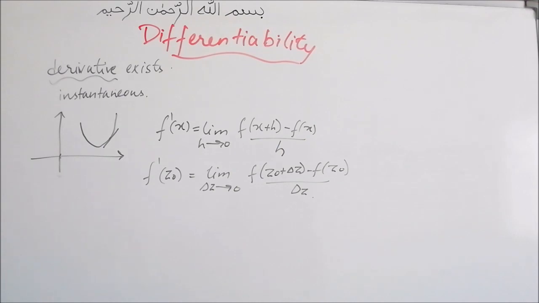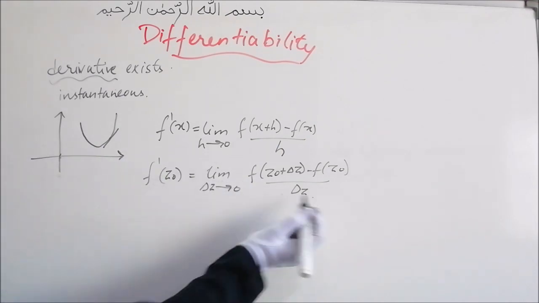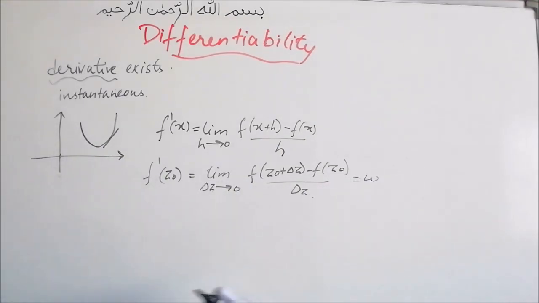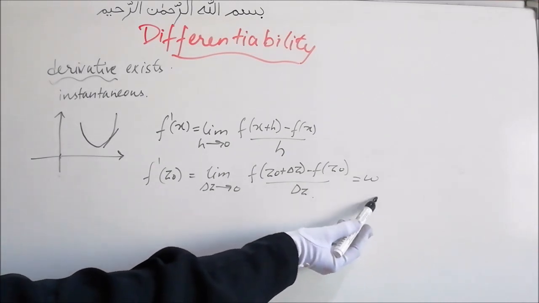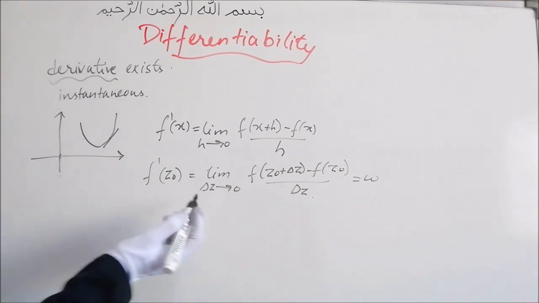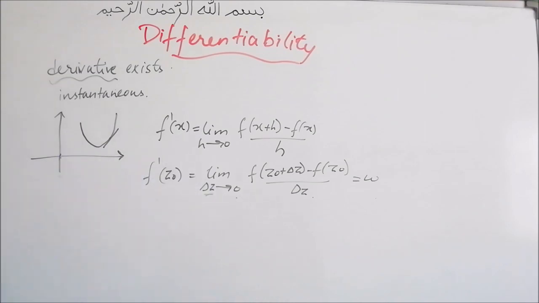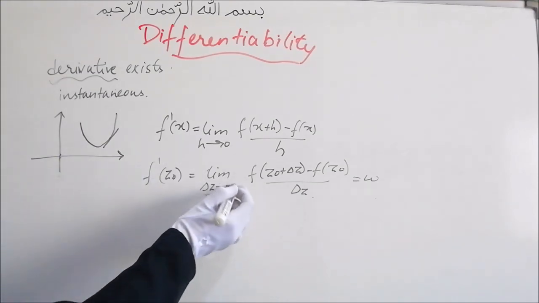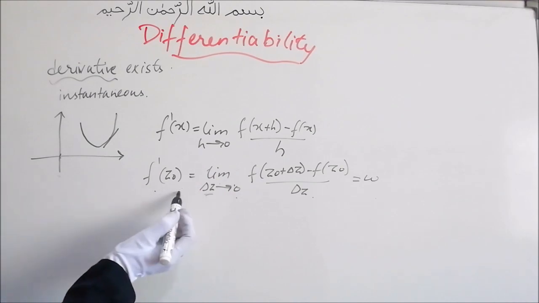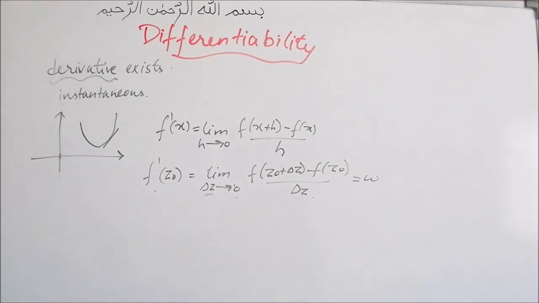Thus, let's say after solving this limit we get some value w. If this limiting value is independent of the path taken for delta z to 0, then the limit exists. And if this limit exists, then f is differentiable at the point z naught.